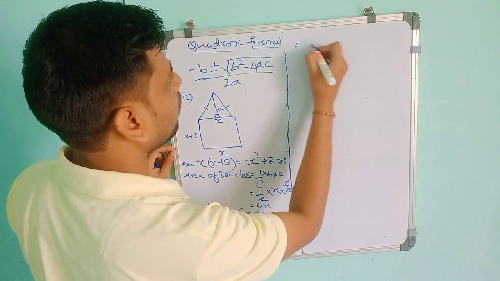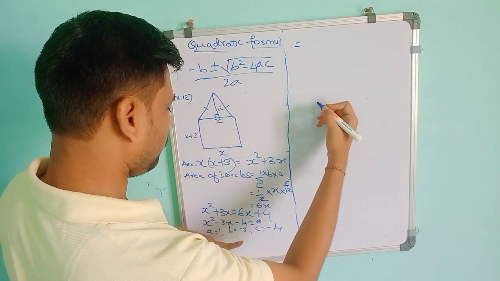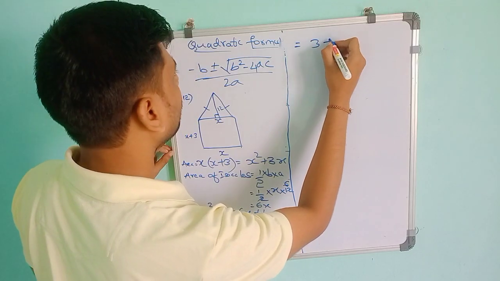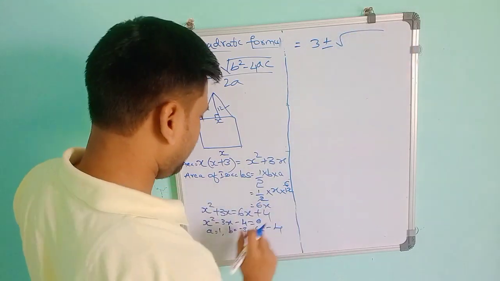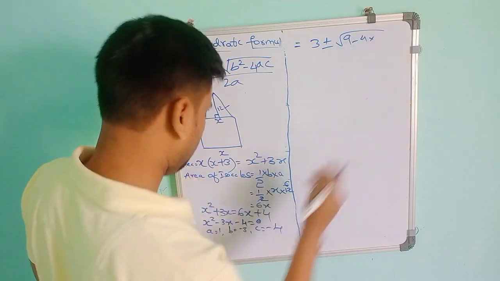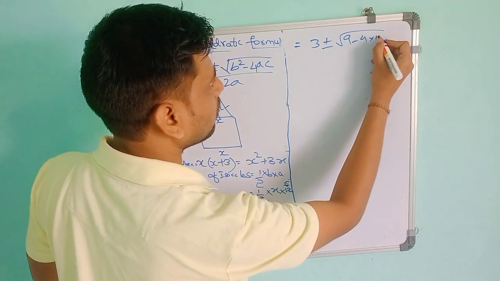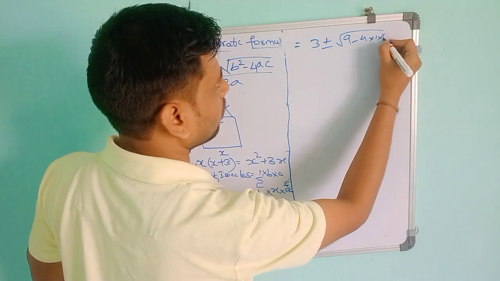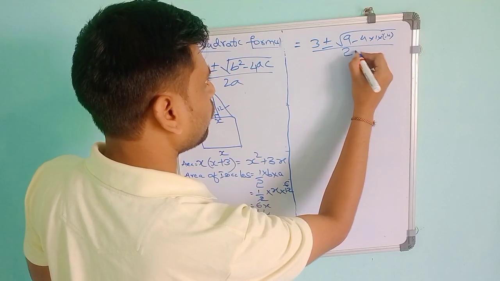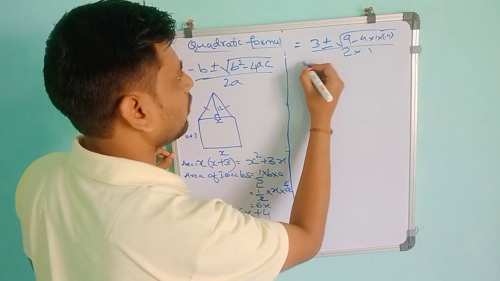So put this in the equation. Minus b, b is already minus 3, so minus into minus will be plus 3, plus or minus root of b square, minus 3 square is 9, minus 4 into a, which is 1, into c, which is minus 4, divided by 2 into 1, because a is 1.